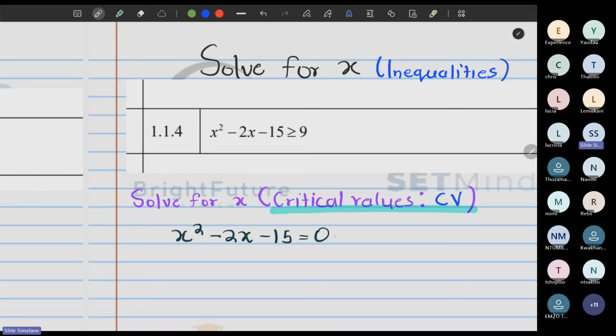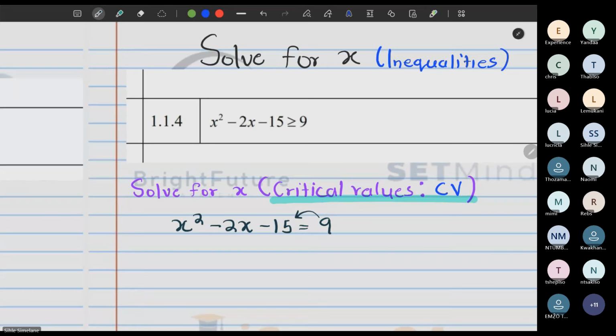So equals 9. And then we can now transpose. But maybe let me write first this inequality here: x squared minus 2x minus 15 greater or equal to 9. And what we always want to do is to obviously have a 0 on one side.